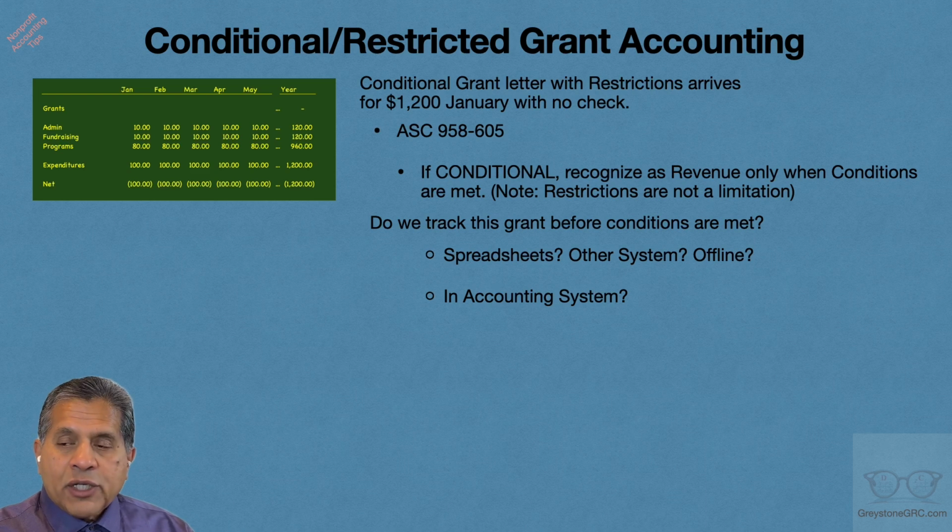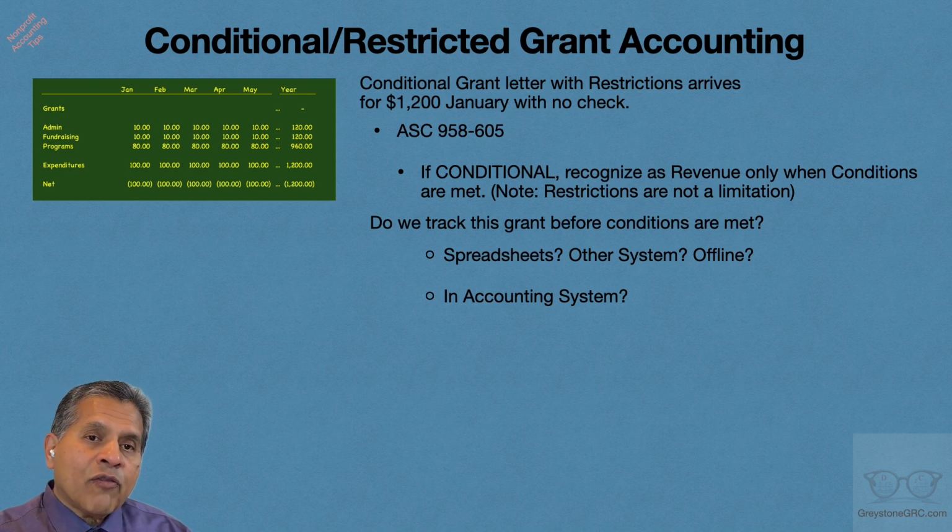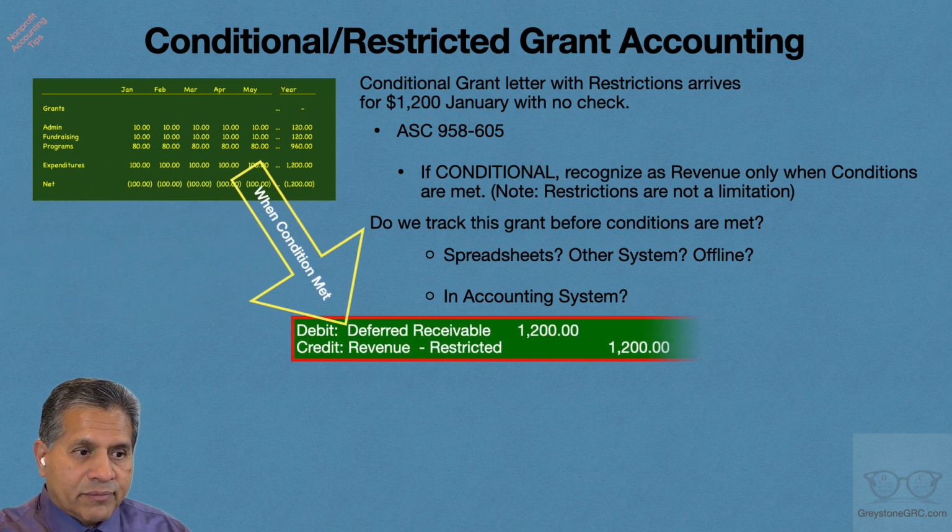Some track it on spreadsheets, others track it on other custom systems, and you can also track it on a paper system offline. Another alternative is to track it within the accounting system. This way, it's visible to management at all times, and the probability of forgetting about it is remote. However, it requires some special handling.